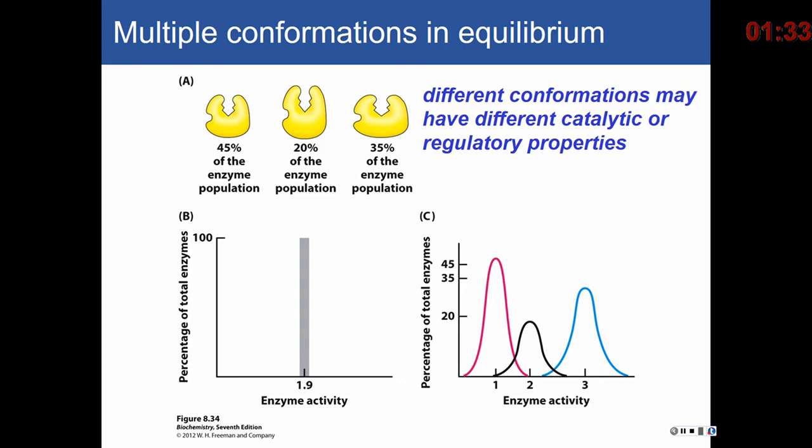So 20% of the enzyme population may exist here, and its enzyme activity may end up being even greater or less. So again, we can get this whole range of species based on their enzyme activity, based on the way that they're being regulated, and that will change how we design drugs, and how we target those drugs.